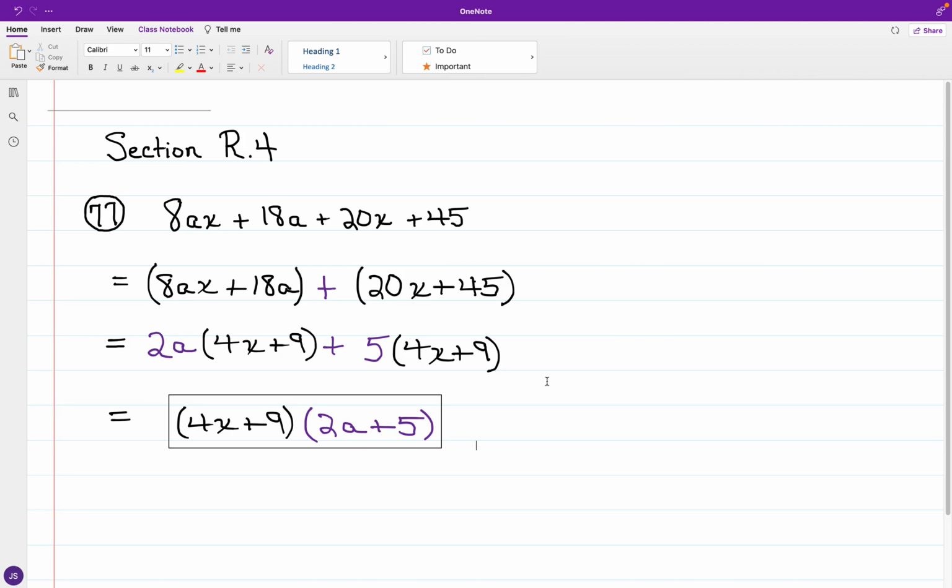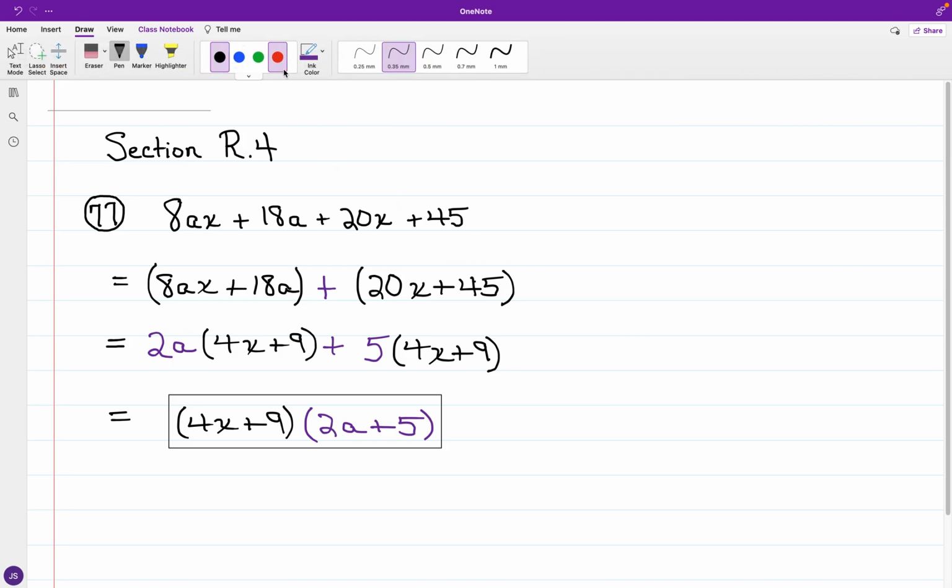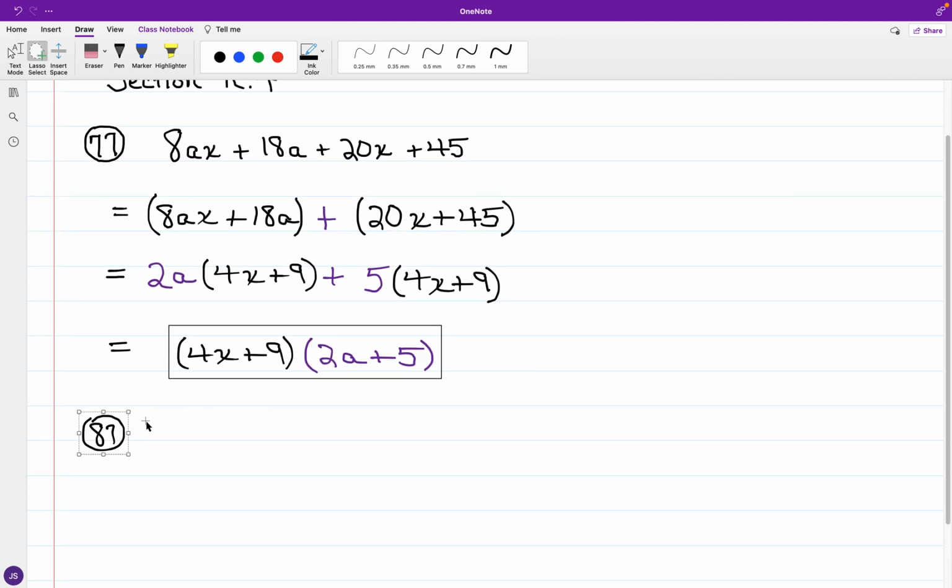Now, looking at factoring as we move from 77 to 87, and this item and some of these items, especially the way the book exercises are set up, sometimes the factorization can be probably as much, if not more, work for the eyes than actually just focusing on the math itself.